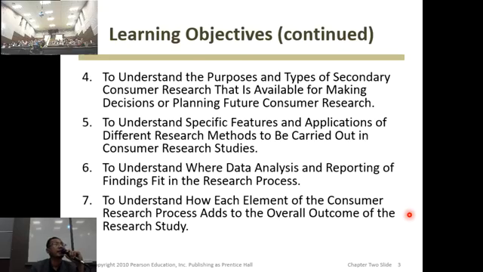You can use a lot of methods, qualitative or quantitative, numbers or words. And then to understand where data analysis and reporting of findings fits in the research process, and how each element of the consumer research process adds to the overall outcome of the research study.